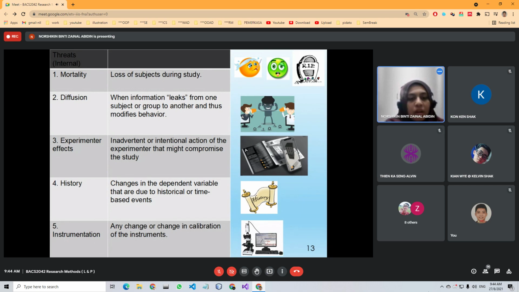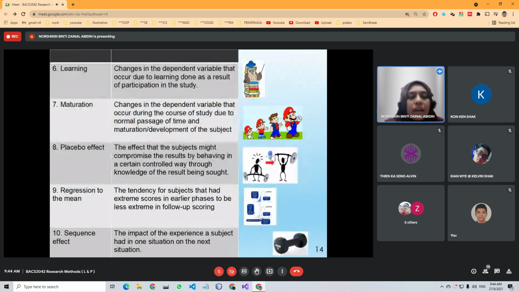There's one term I forgot. So our questionnaire needs to be sent to the expert. Any change in the instrument, for example in your questionnaire, will of course affect your data and your result. Six is learning: change in the dependent variable that occurs due to learning done as a result of participation in the study.